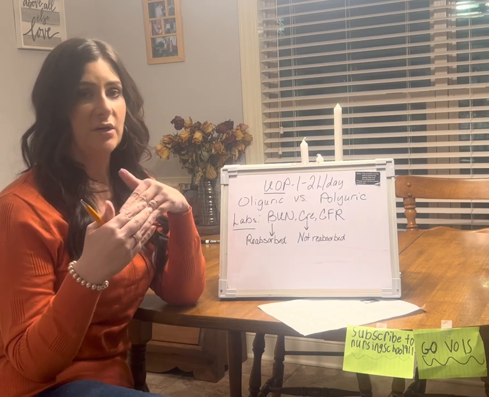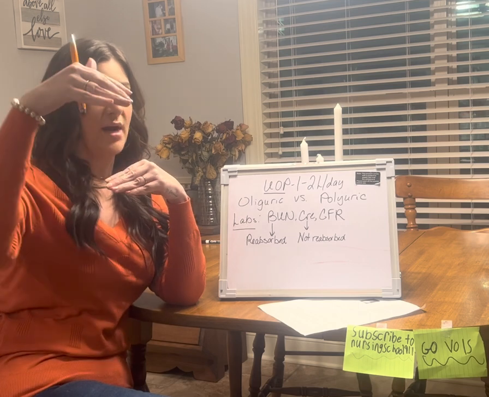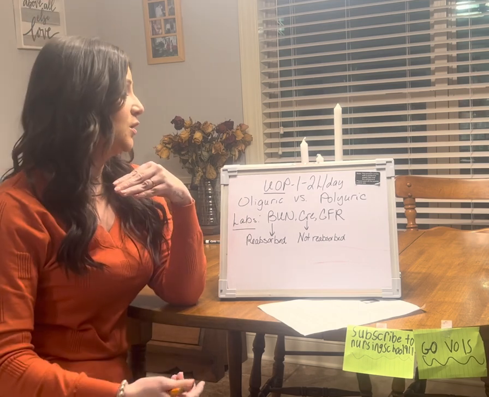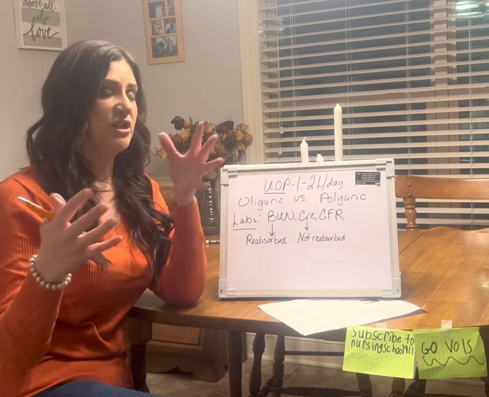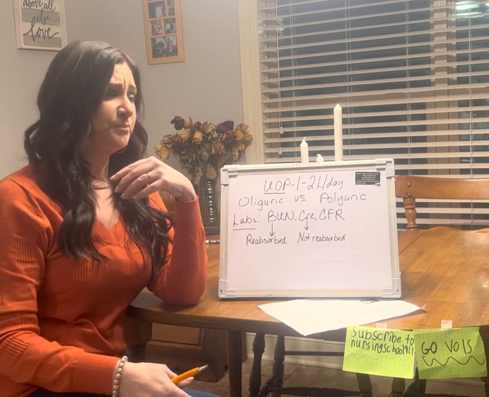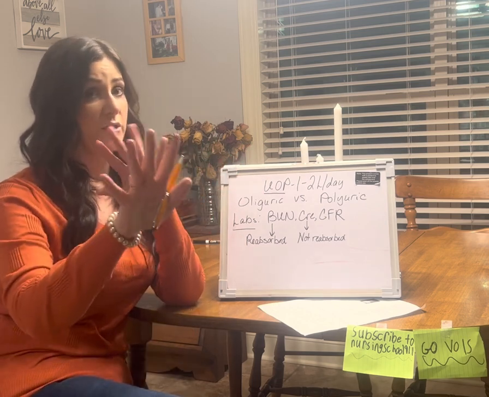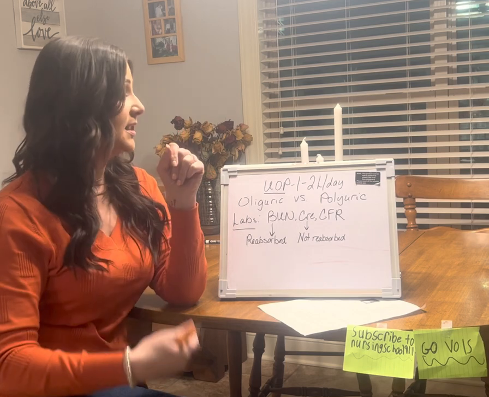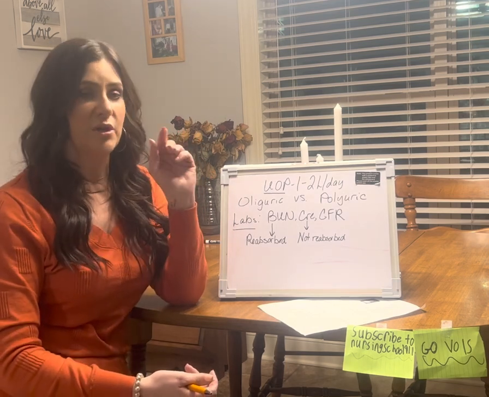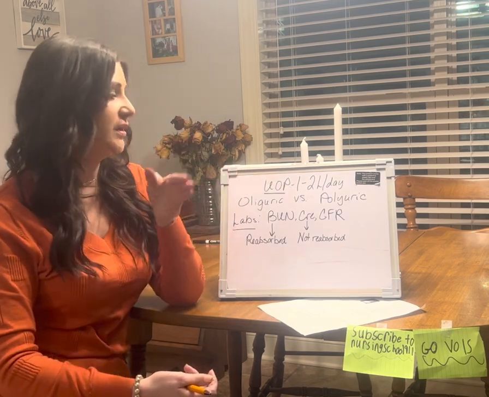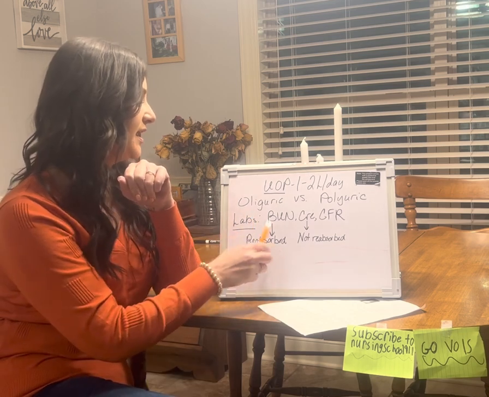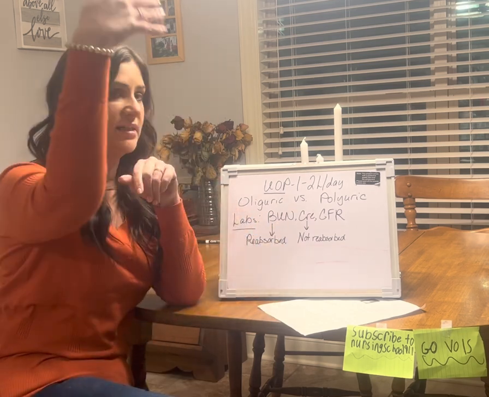We have BUN and creatinine that are continuing to rise every single day. A normal BUN ranges from 10 to 20, give or take. Make sure you follow your professor's guidelines. A normal creatinine ranges from 0.6 to 1.2. So in the oliguric phase, both of these are increasing daily.